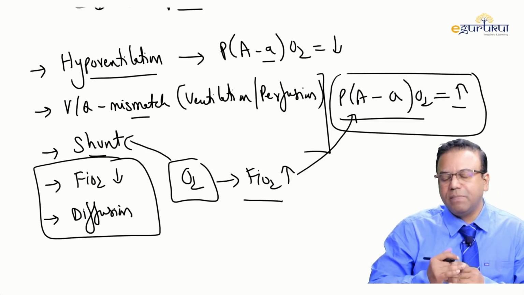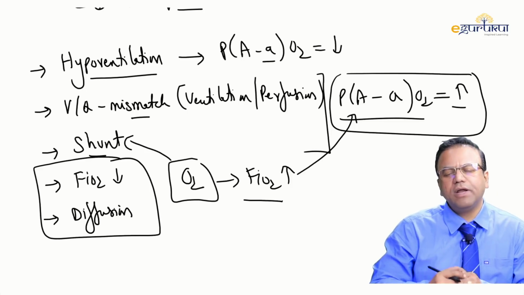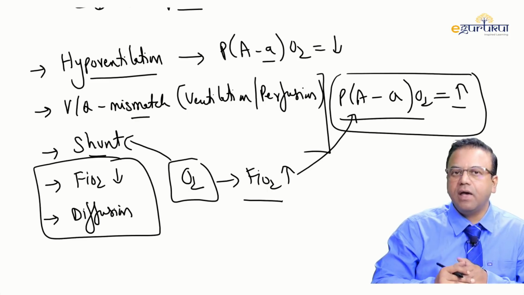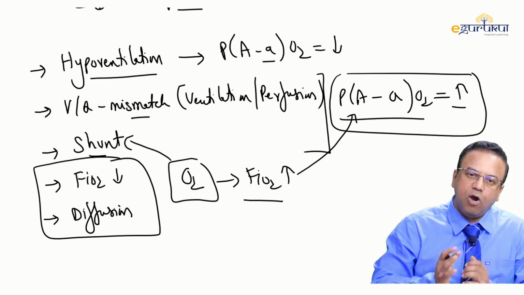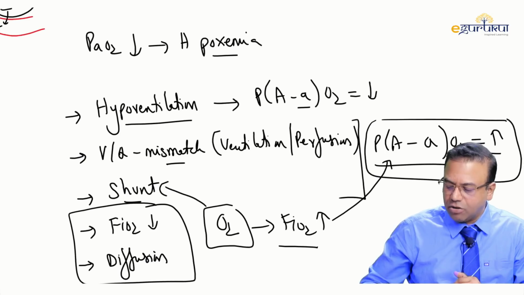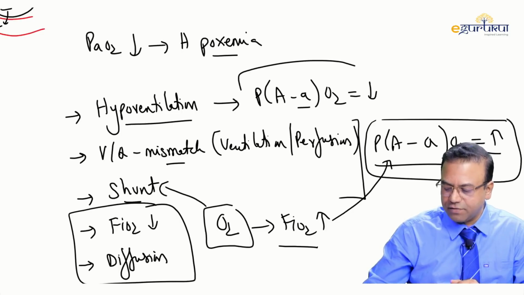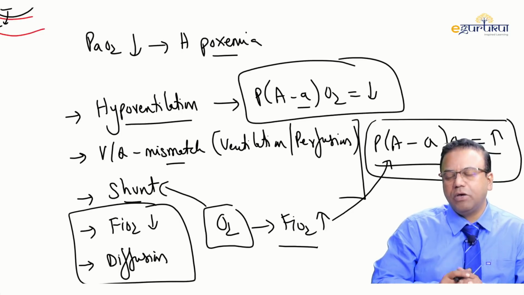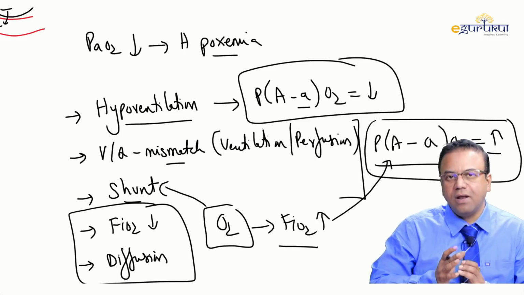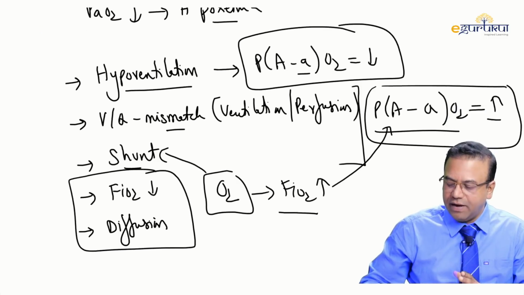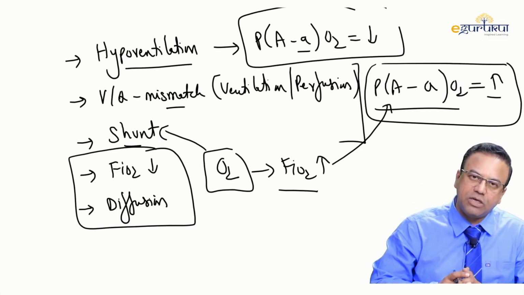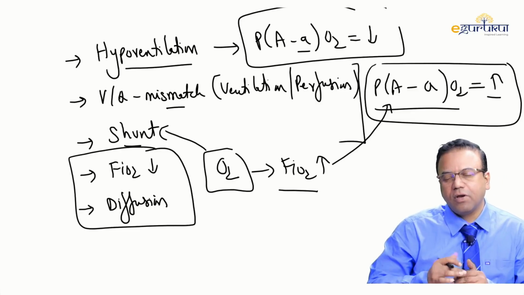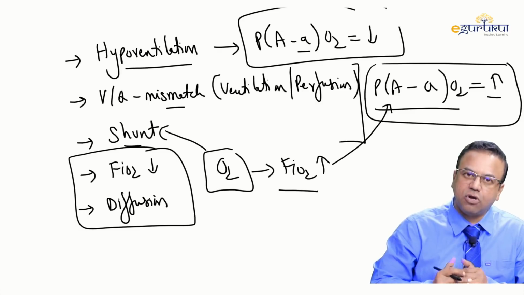Although this is a very basic example of a shunt, we'll go into more details of how a shunt phenomenon occurs and what are the concepts connected with it. I hope you understand that the alveolar arterial oxygen gradient has a lot of significance for us. When you see somebody having a low PaO2, your first job is to calculate the alveolar arterial oxygen gradient. If the gradient is normal, we're talking about hypoventilation. If the gradient is increased, we're talking about two possibilities, either a ventilation perfusion mismatch or a shunt phenomenon.